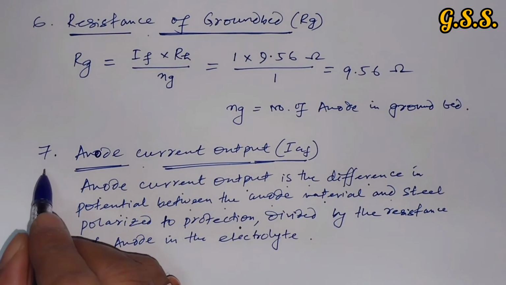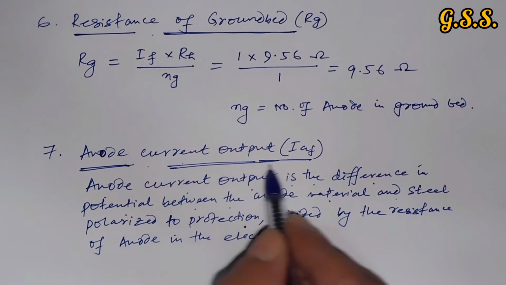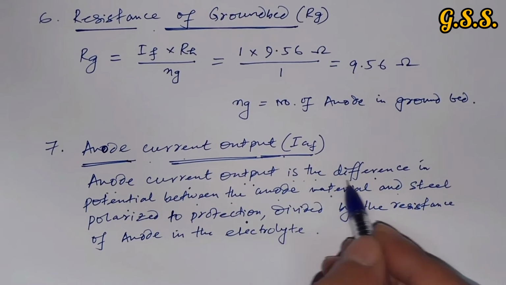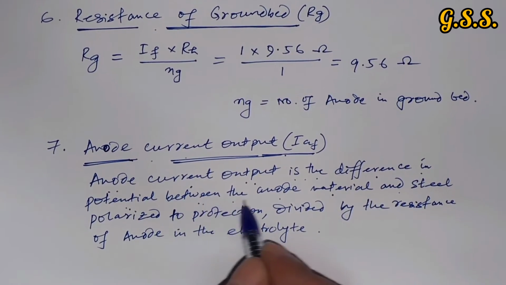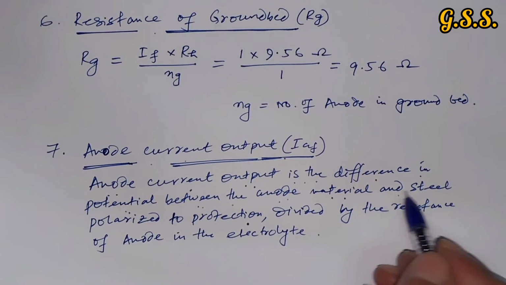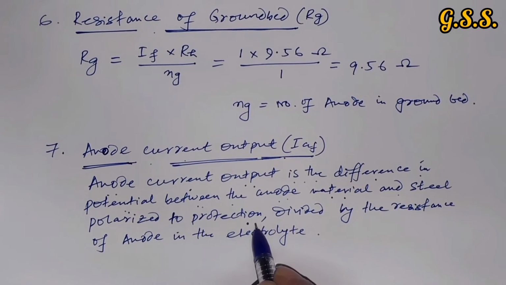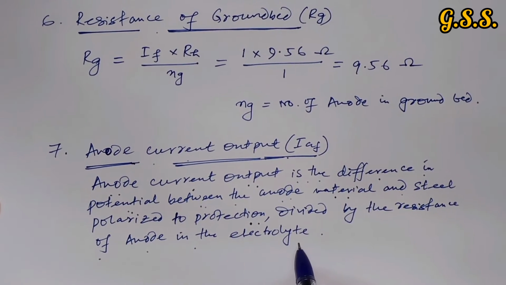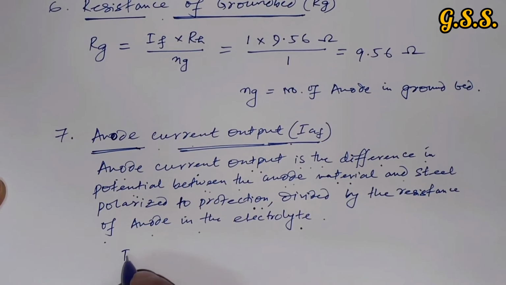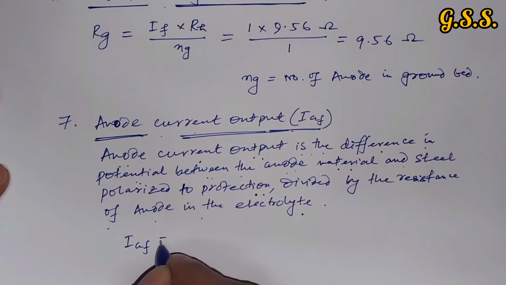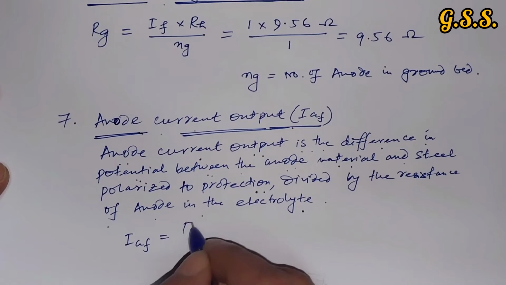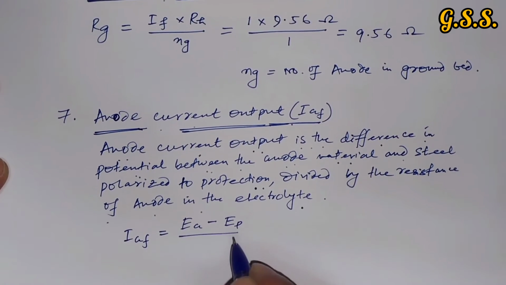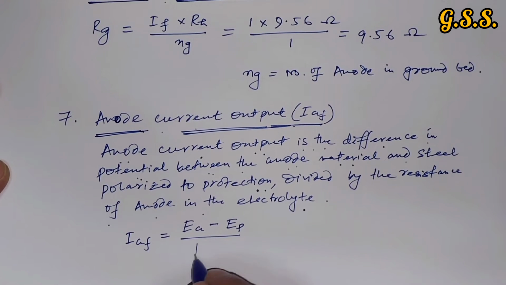Then seventh equation, anode current output IAF. Anode current output is the difference in potential between the anode material and steel polarized to protection divided by the resistance of the anode in the electrolyte. IAF equals EA minus EP divided by RH.